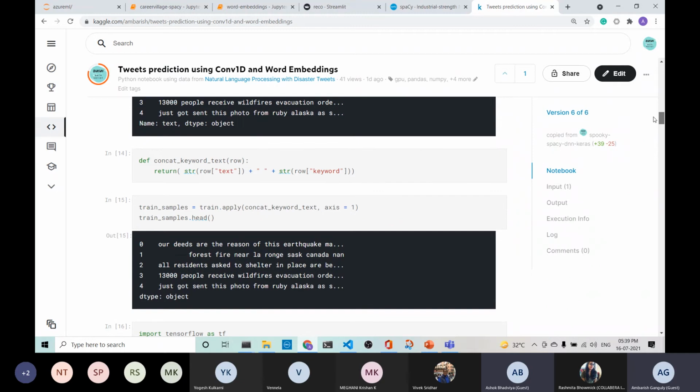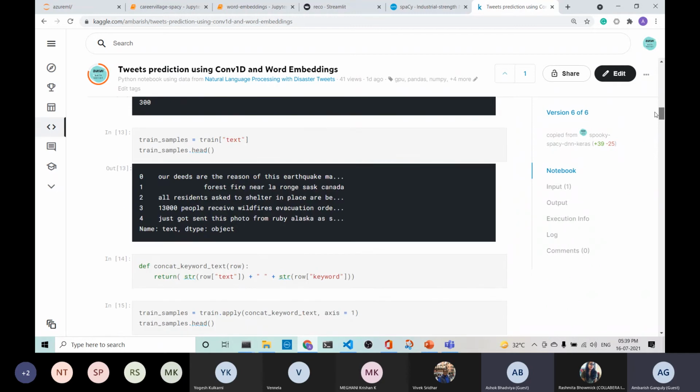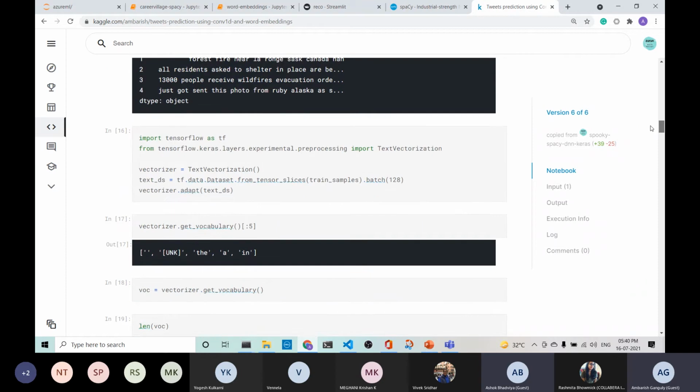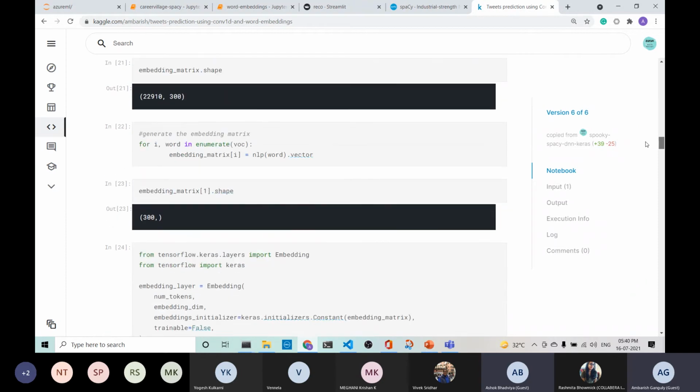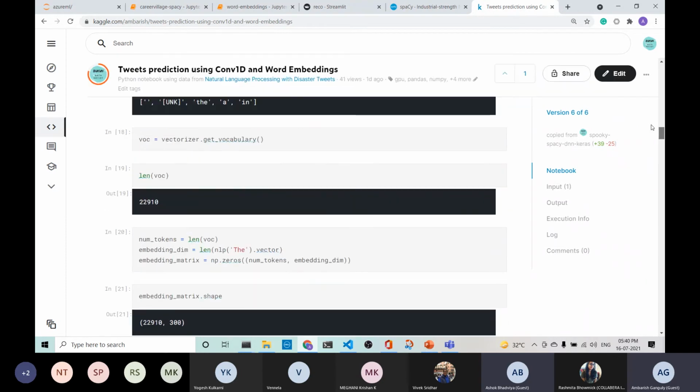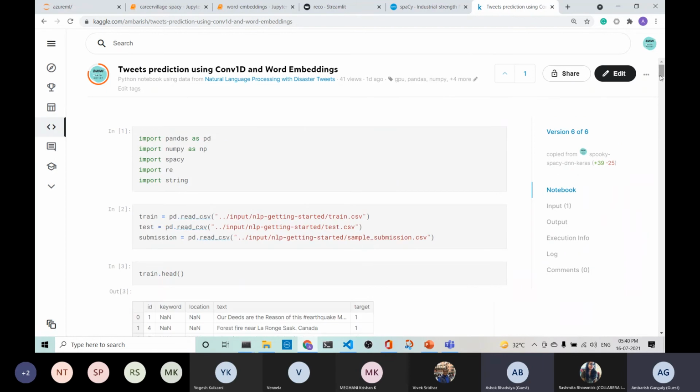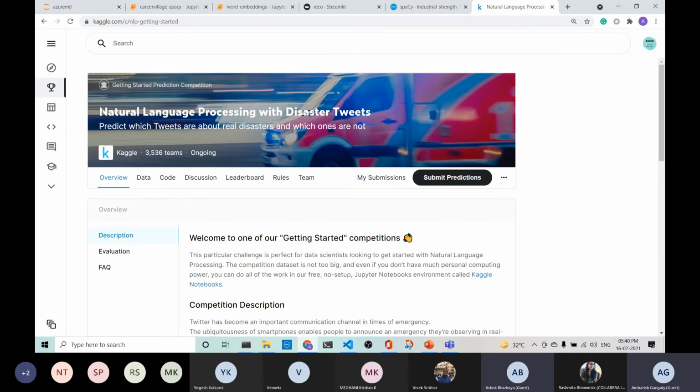What I'm doing is using TensorFlow with word embeddings. Did I use spaCy here? Yes, I use spaCy here. Let's go back rather than me jumping into it. The problem is natural language processing with disaster tweets.